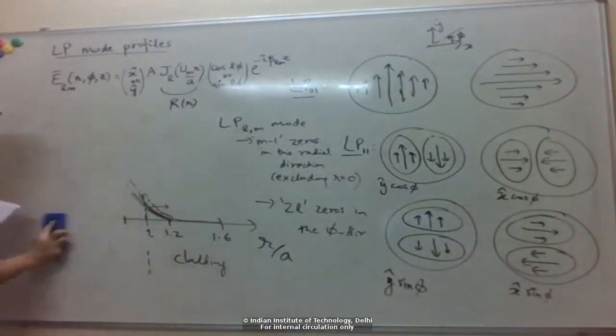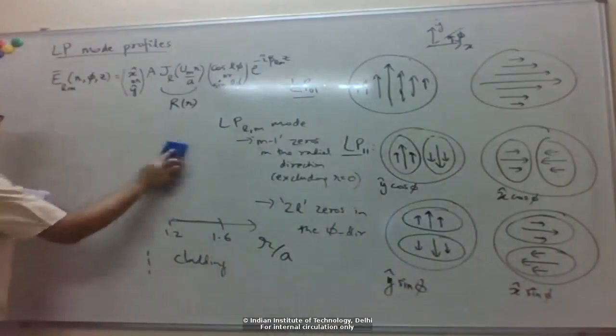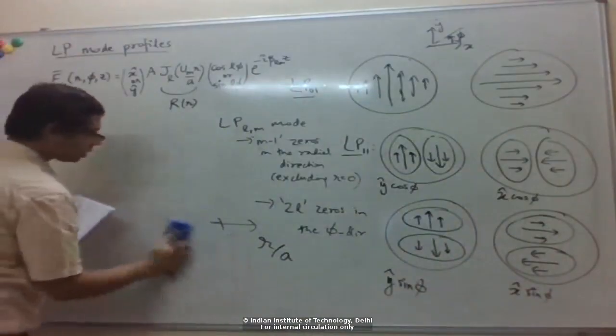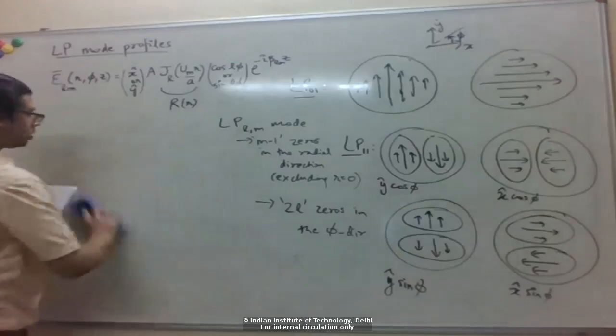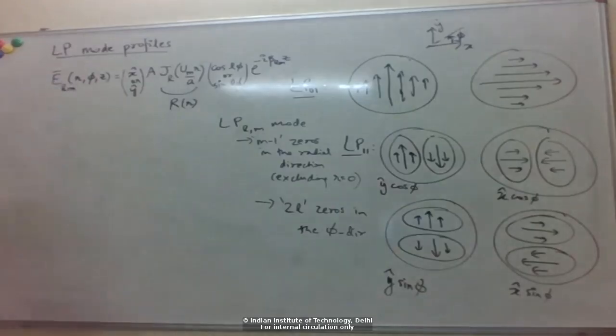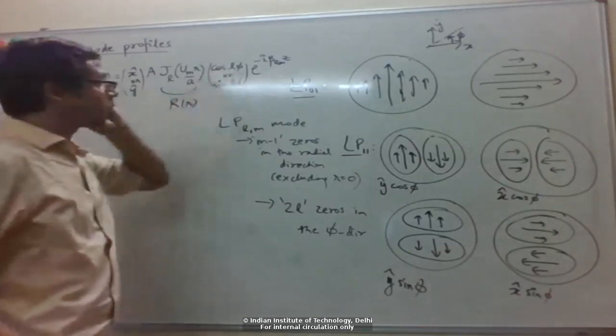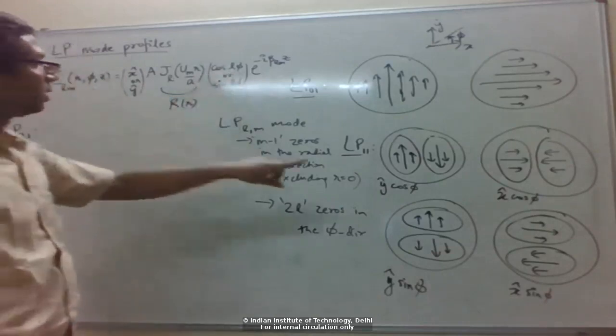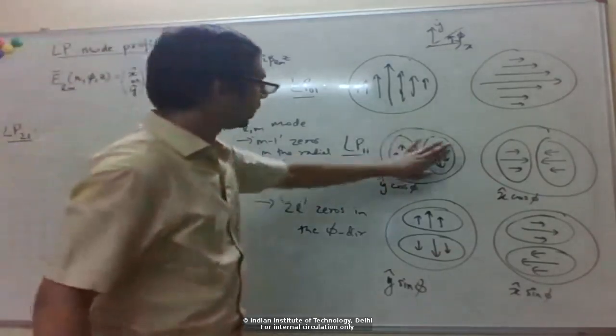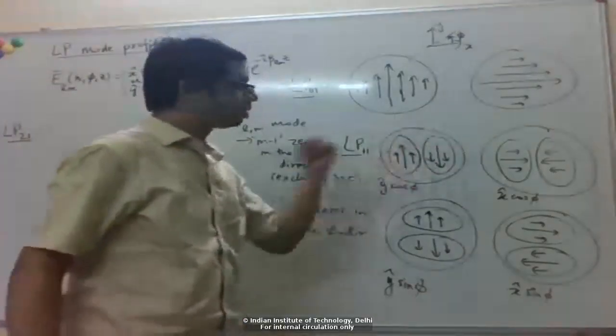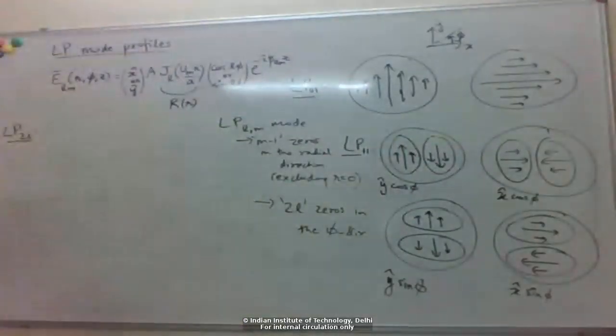So let's look now, for example, at LP21. Now this will be cosine 2 phi or sine 2 phi. So there will be 4 blobs now, like 4 zeros along the azimuthal direction.